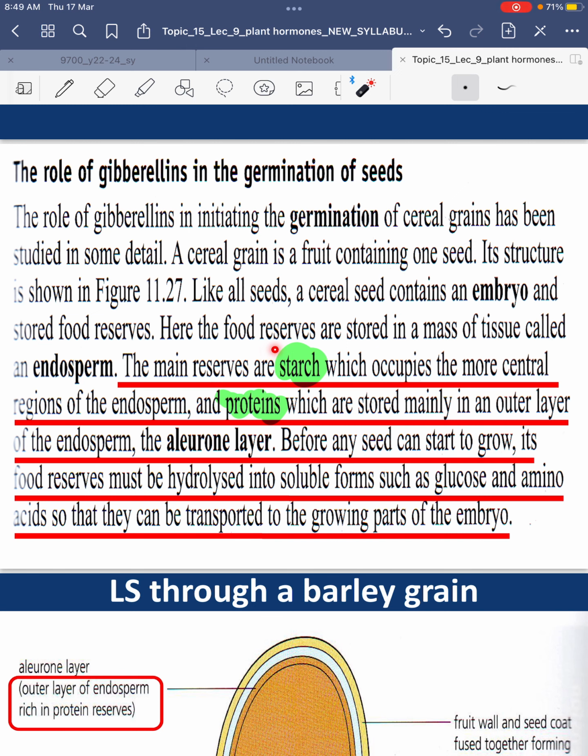But when we talk about grains, it has more starch. Starch is the main food reserve. Protein is present, and fats are also present. That is in general. But for grains, starch is the main food reserve, and proteins are found in the aleurone layer of the endosperm.